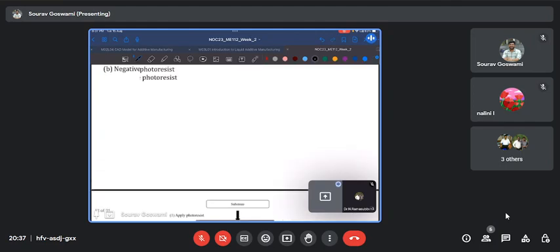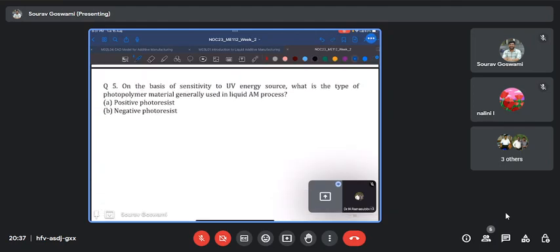Now, from our discussion and from the lecture this week, we remember that usually what happens is in each layer of a liquid based AM process, the area that is exposed to light, or the area over which our light beam scans, actually survives. And the rest of the liquid is washed away, or it is taken away in the next step, or drained.